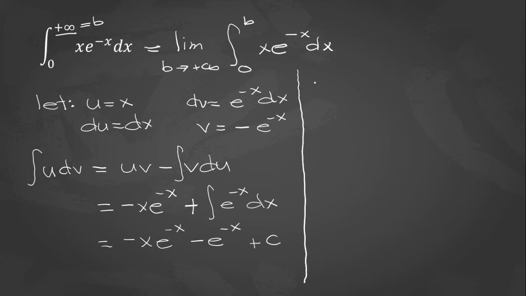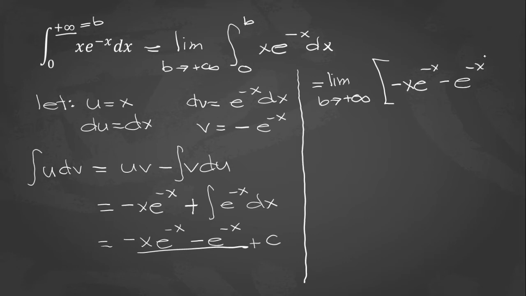So we have here that our improper integral is equal to the limit as b approaches positive infinity. Copy this one, omitting c since we are evaluating a definite integral: negative x e raised to negative x minus e raised to negative x, integrated from 0 to b.